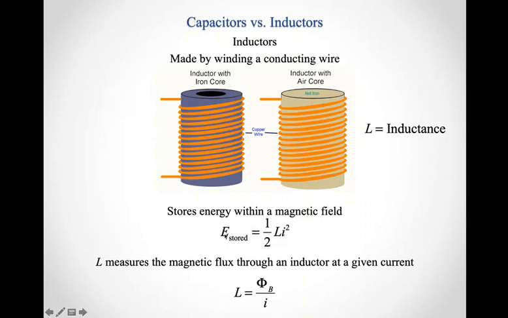Notice the energy, again, depends on the current squared. The inductance has the current in the bottom of that fraction. So just like we had C equals Q over V, we've got L equals phi over I, and again you're seeing the same term that was squared up here sitting in the bottom of the fraction down there. We'll talk about that a little bit more on the next slide.